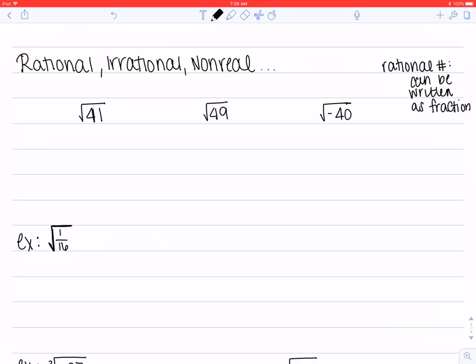Whole numbers are rational because you can write the number 5 as a fraction by doing 5 over 1. 1/2 is rational. Any decimal that stops or repeats is a rational number because it can be written as a fraction. Irrational numbers are those that can't be written as a fraction. These will always be decimals that are non-terminating and non-repeating.